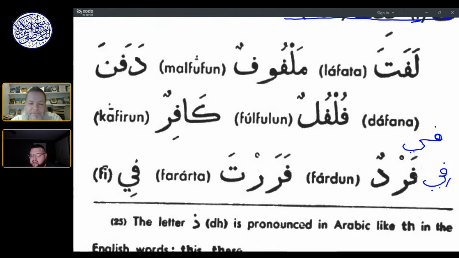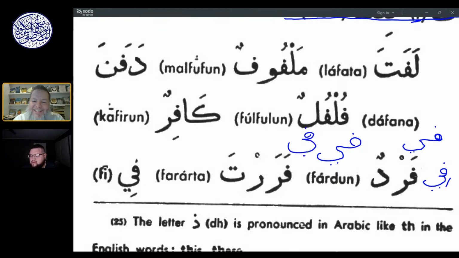You know, the Mus'haf that you were asking me about, is this Uthmani or what? That's handwritten, that's not a computer. So when you're trying to fit things on a line, sometimes you write it like this, sometimes you write it like this, depending on how you need the words to fit on the line nicely.